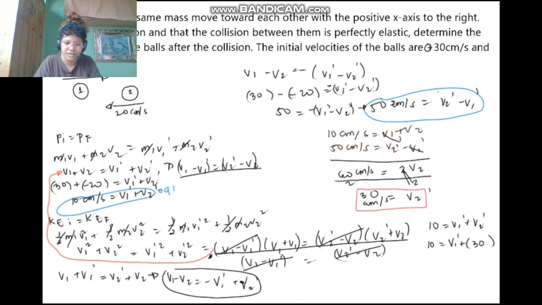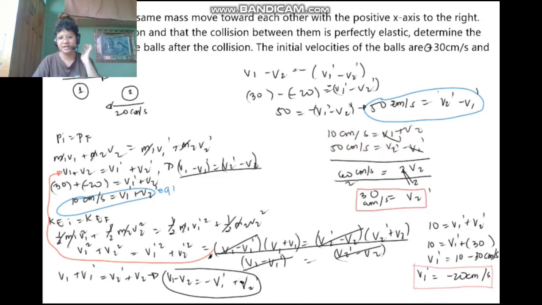And we're going to transpose: v sub 1 prime is equal to 10 minus 30 centimeters per second. Therefore, v sub 1 prime is equal to negative 20 centimeters per second. And this is the velocity of the first ball. And that is the answer for this problem.